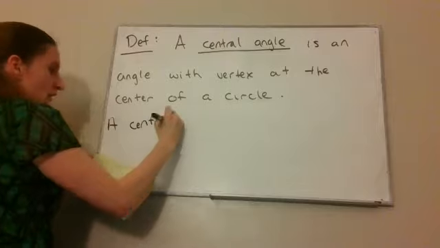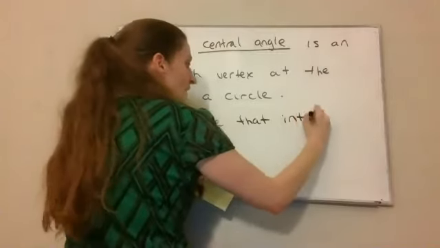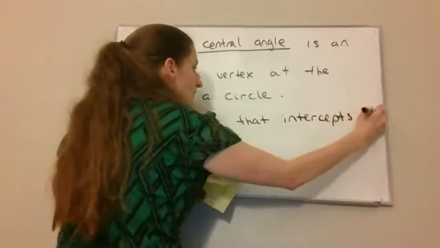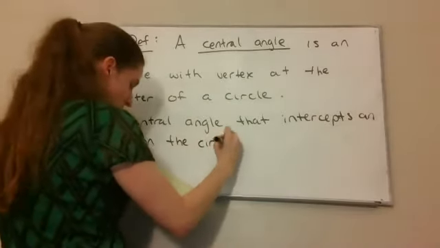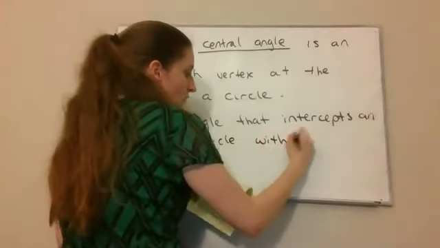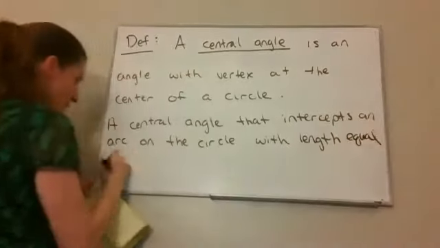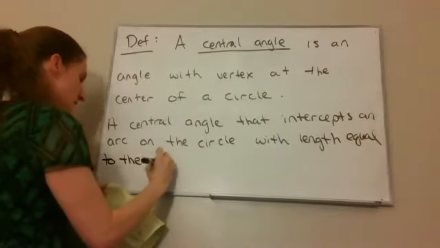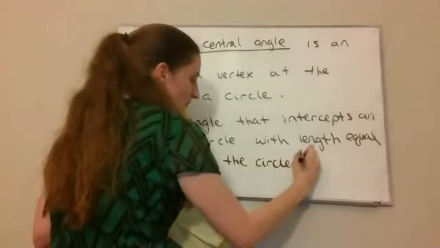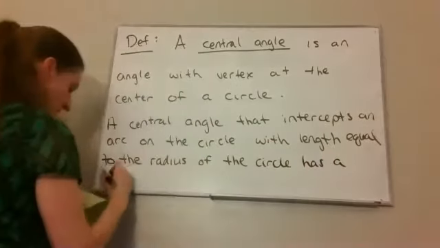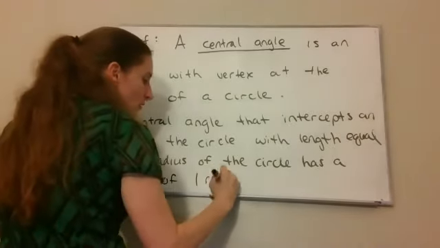A central angle that intercepts an arc on the circle with the length of the arc equal to the radius of the circle has a measure of 1 radian.